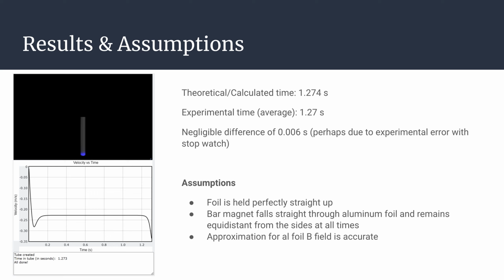And then for the calculated time, we assume that approximating the magnetic field to be a series of rings stacked on top of each other is an appropriate model for the B field. Discrepancies between these assumptions and real-world phenomena would cause differences between the values and what they're actually supposed to be.